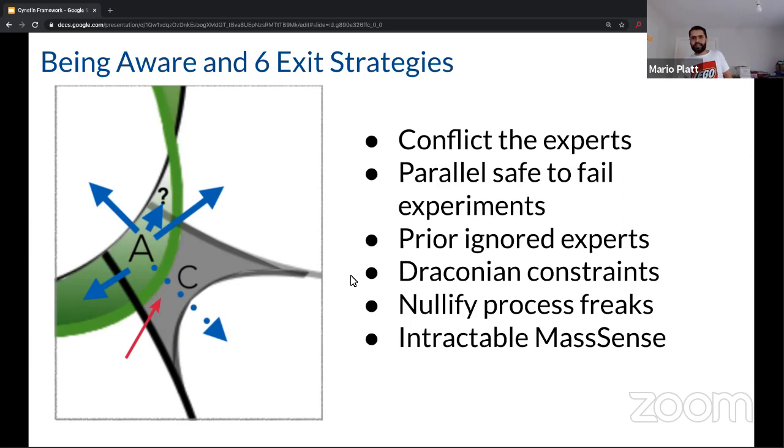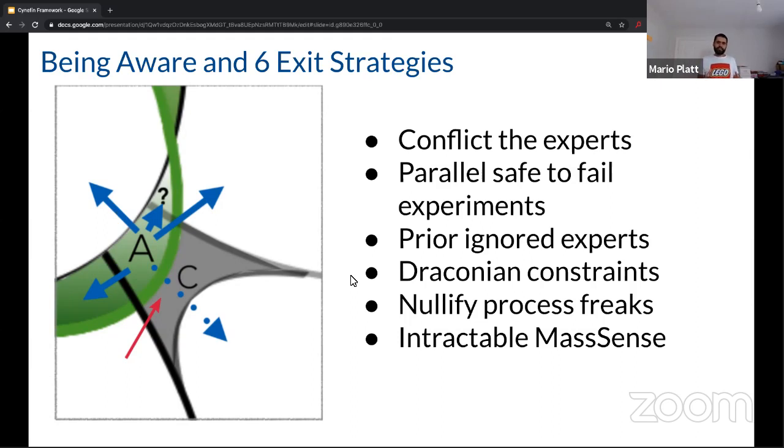And finally, the last one is very specific to the type of offering that Cognitive Edge, the company that Dave Snowden owns, provides as software.